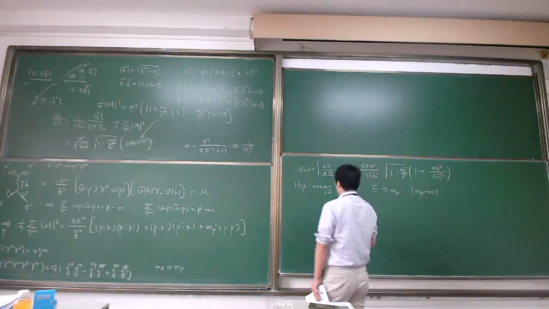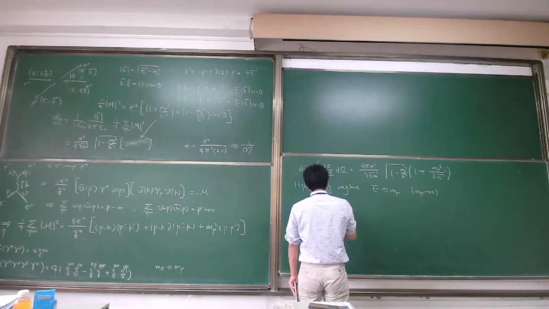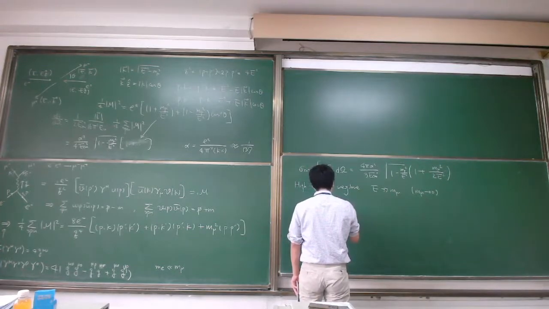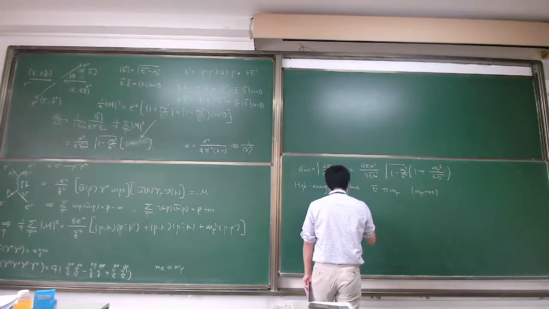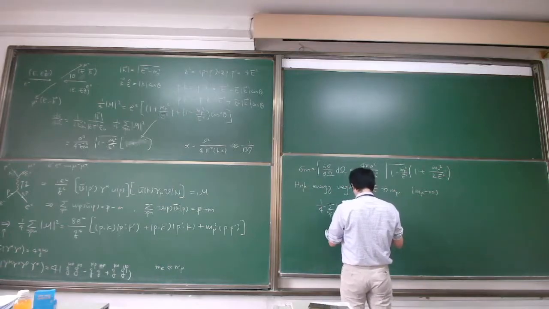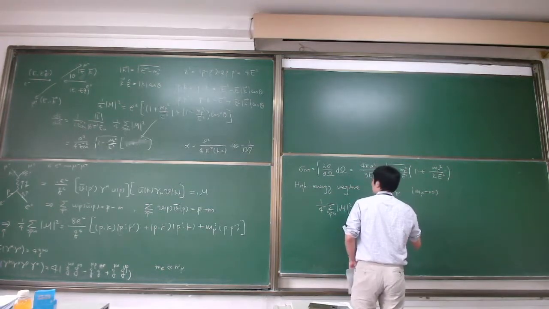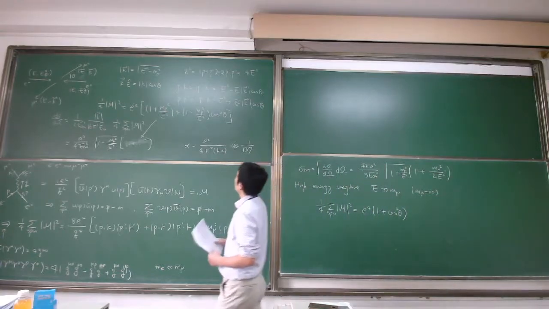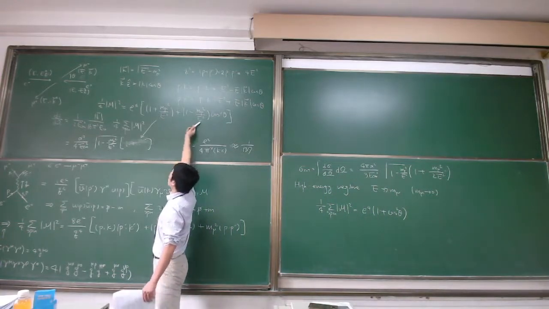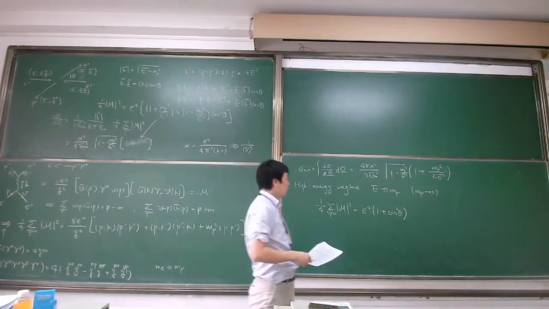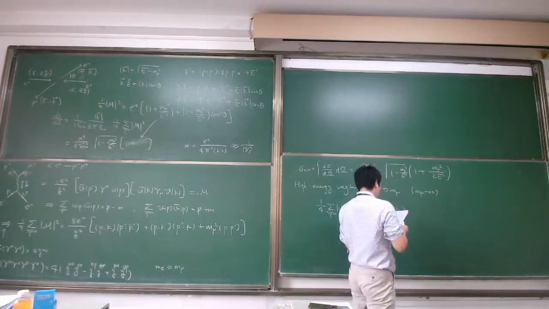Then this quarter sum of spin becomes like this way, so you can ignore it and set mu equal to 0. So then it becomes 1 plus cos.